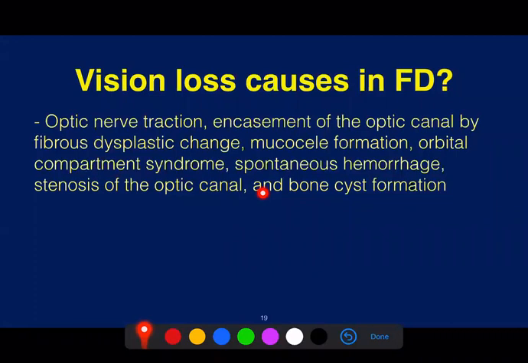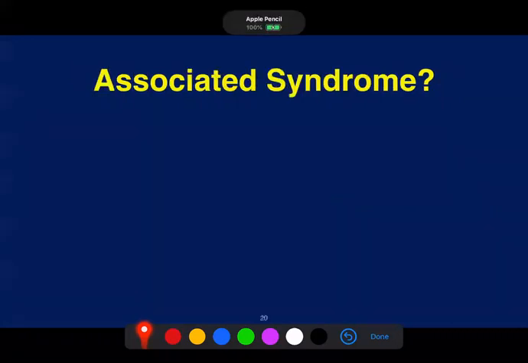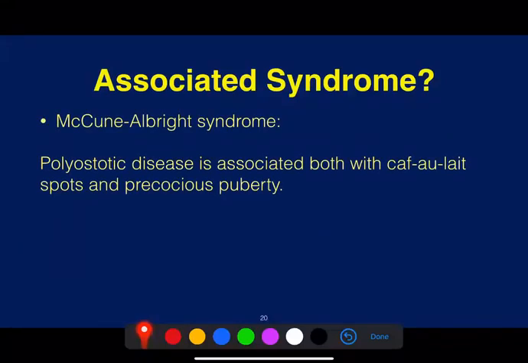Okay. What about the associated syndrome? I forget the name. Does anyone know? Okay, so it's called McCune-Albright syndrome. It's present in polyostotic disease. When we say polyostotic, that means it affects more than one bone.